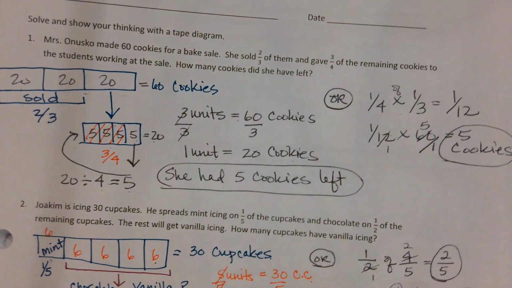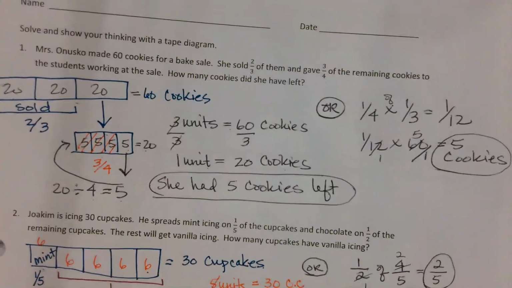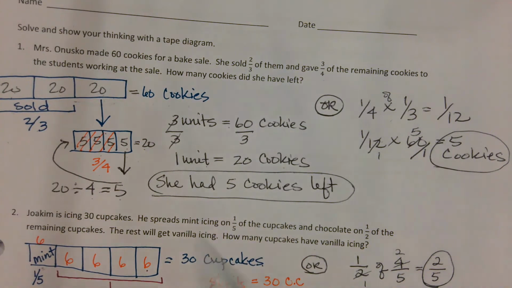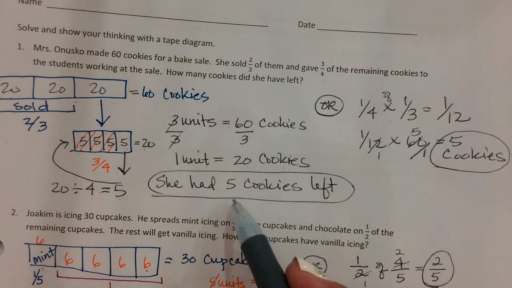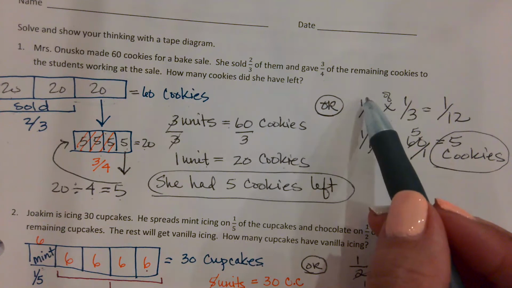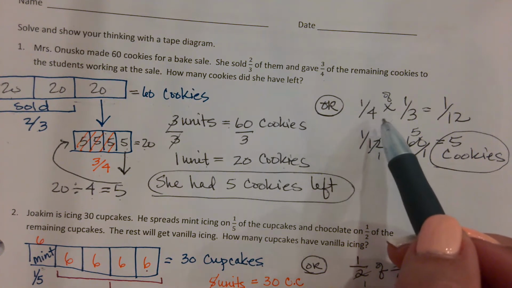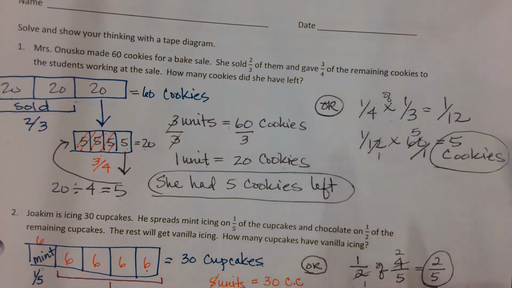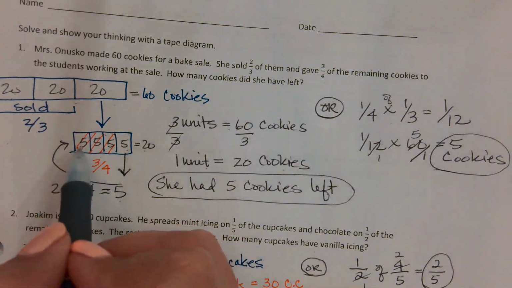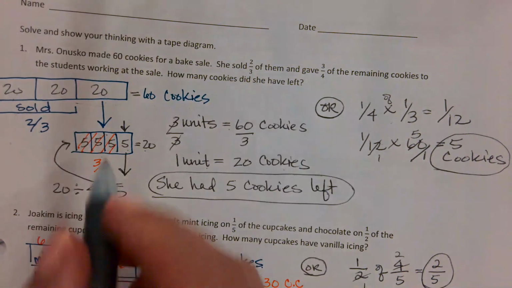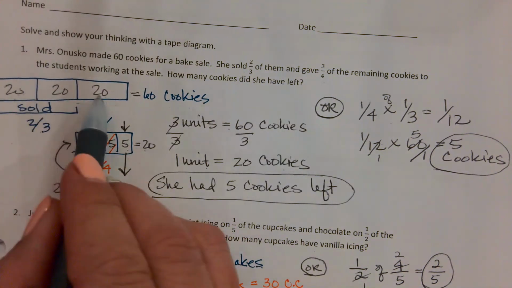Okay, another way to solve this. Now, I like to see the problem develop. So this is the way my brain tends to work. But if you jump straight in, what is 1/4 of 1/3? So this is 1/4 right here. 1/4 of 1/3.